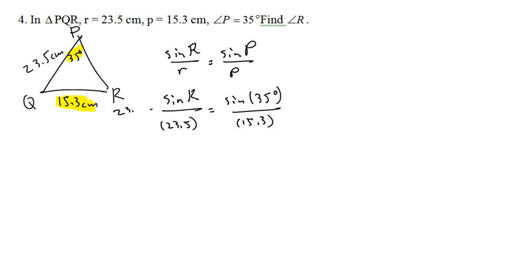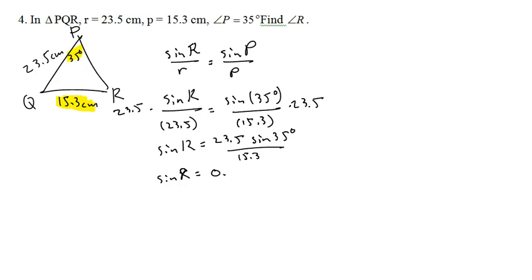Multiply both sides by 23.5. And I get sine R equals 23.5 sine 35 degrees all over 15.3. So that means that sine R equals approximately 0.8810.